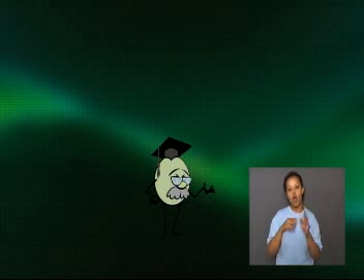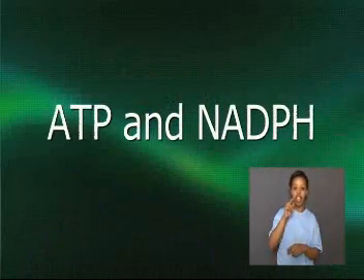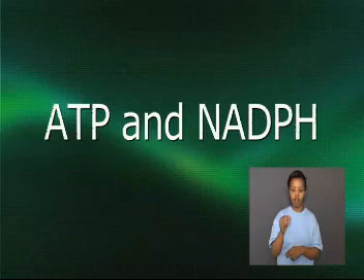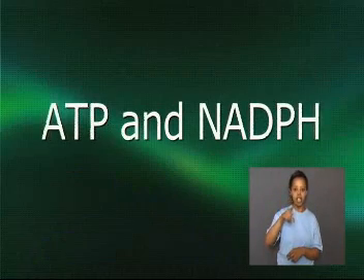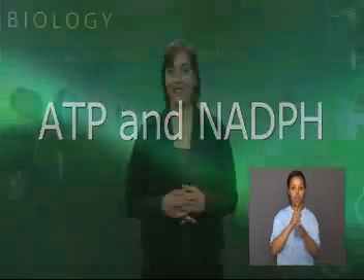Let's get back to our lesson. Hello again, everyone. I hope you were able to remember this information from our last lesson. If you said that light-dependent reactions produce ATP and NADPH, then you answered correctly.